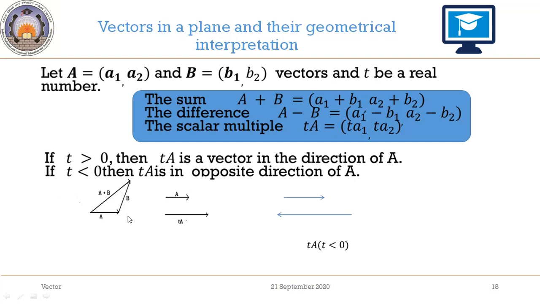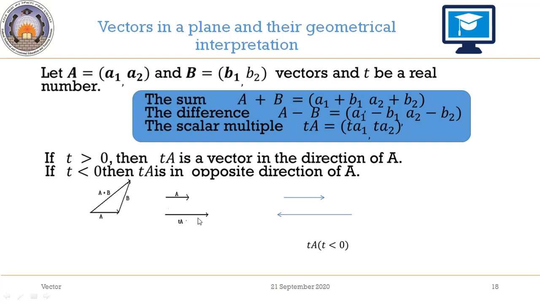This is the geometrical representation of the sum of vectors and scalar multiplication of a vector. This one is vector A and this one is vector B. The initial point of vector B is the same as the terminal point of vector A. Then the vector A plus B has its initial point the same as A and its terminal point the same as the terminal point of B. This one is the scalar product of a vector.